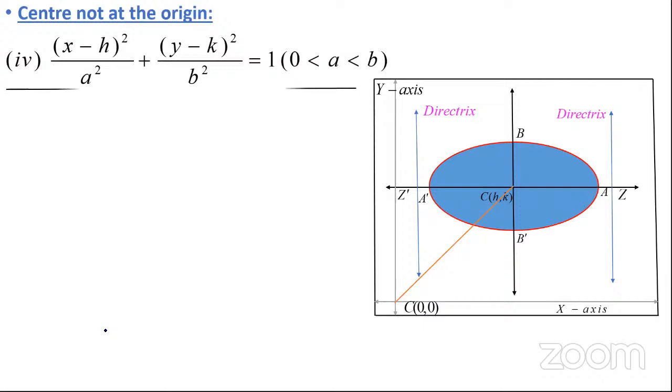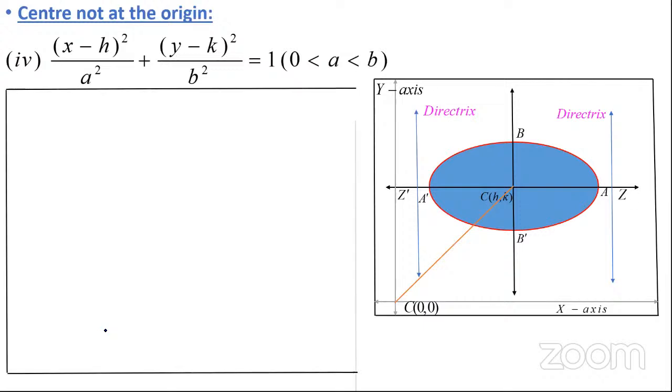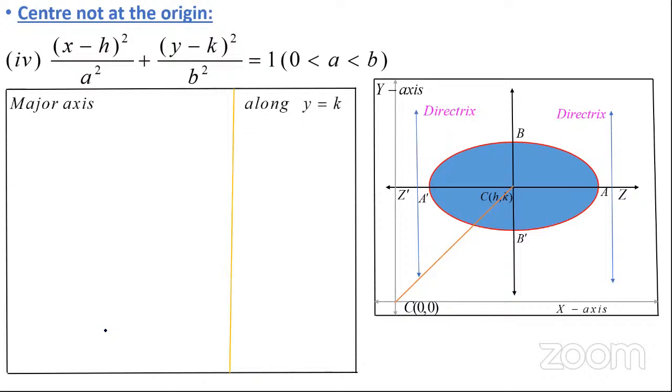A', B', Z'. And now the major axis lies on x equal to k. Is it? So this is wrong. It is y equal to k, x equal to h here.